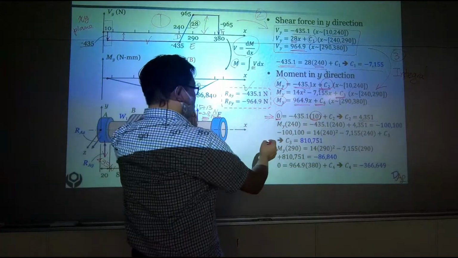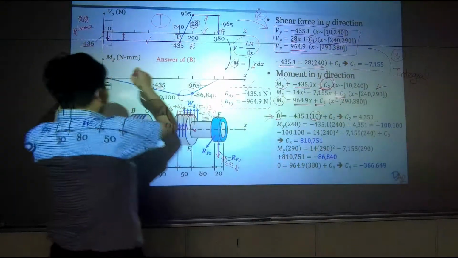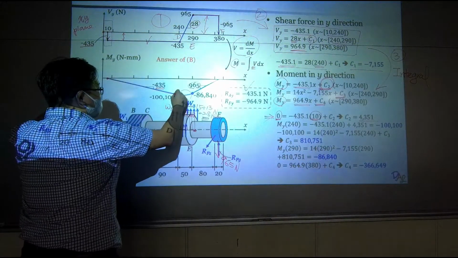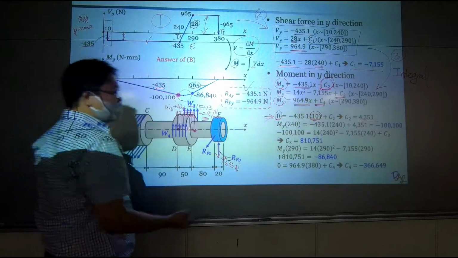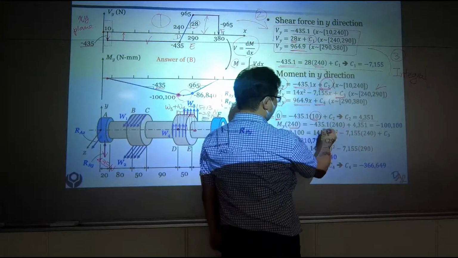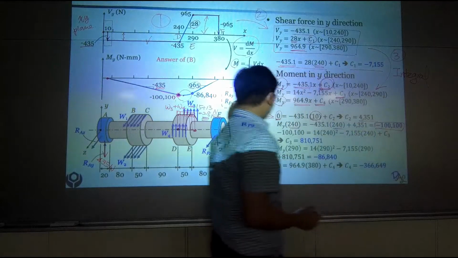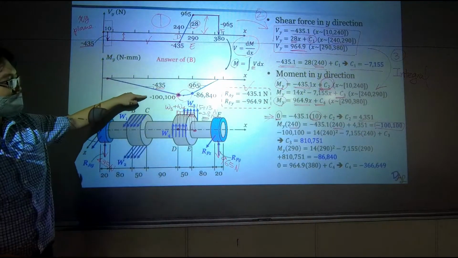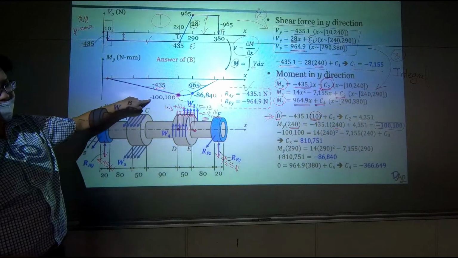So we already know C2. We can then plug in this equation and then try to calculate what's this. So we plug in 240 on the first equation. So at the end, we have this number. That's how we can realize the bending moment over here is this number.